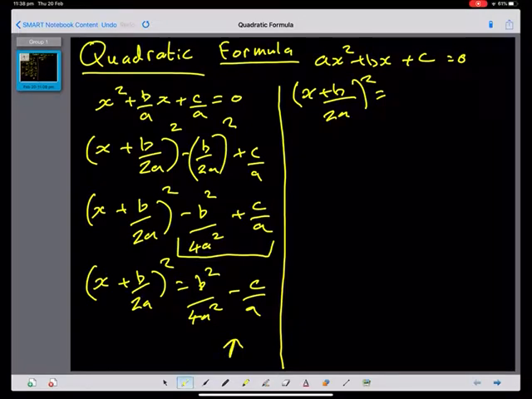So we need to multiply numerator and denominator of the c over a by 4a. So we get 4a squared, and we get 4a c here. Okay, so we have b squared minus 4ac all over 4a squared.